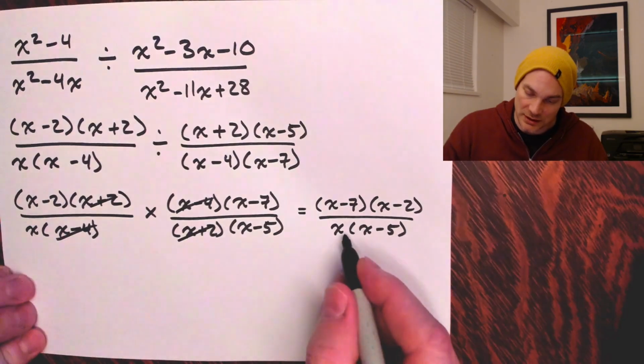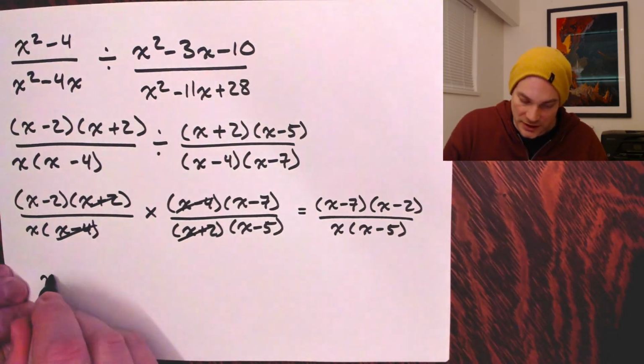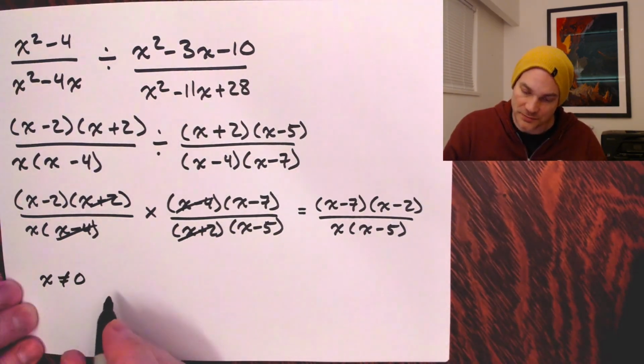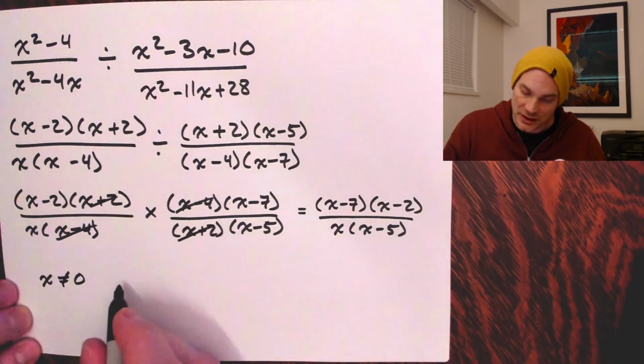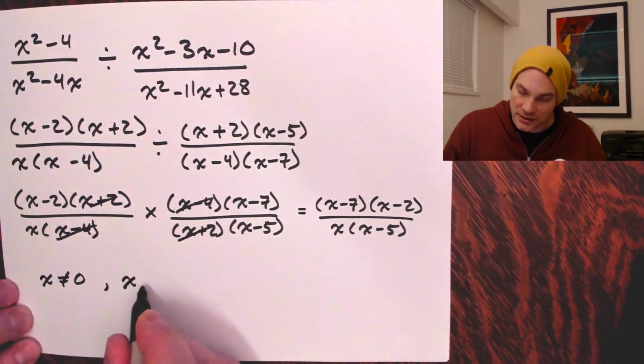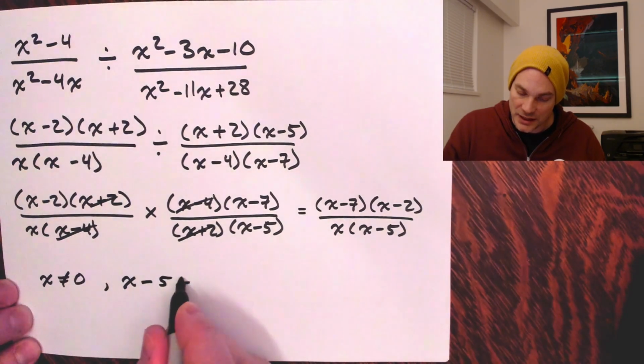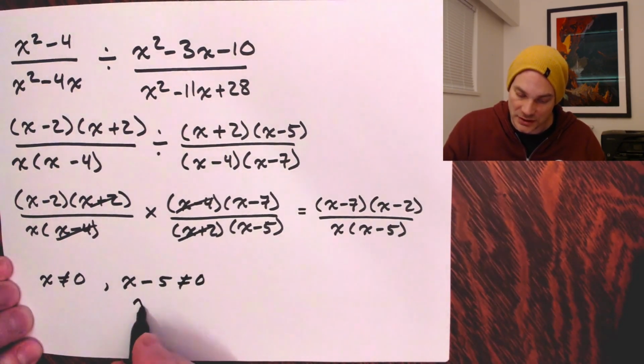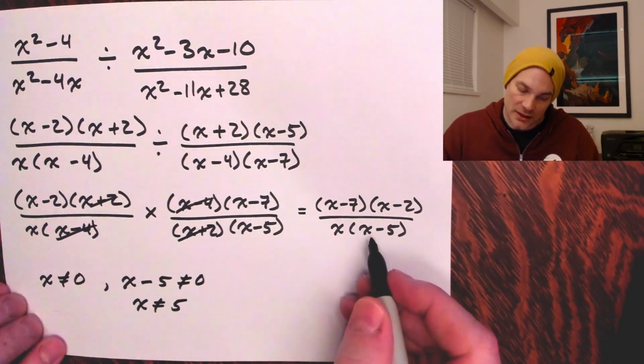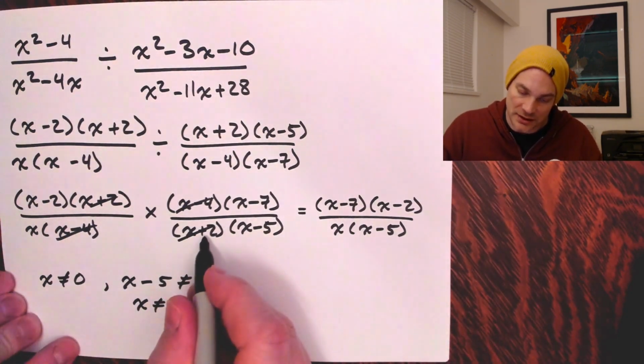We had this one, so let's start here. X can't equal 0. And the next one was x minus 5 can't equal 0, which is x can't equal 5. Now we had another one that we canceled, the x plus 2.